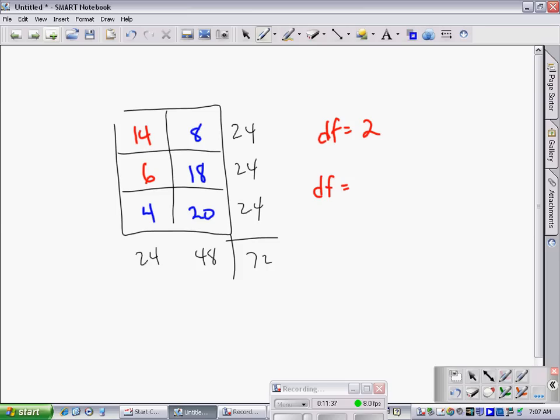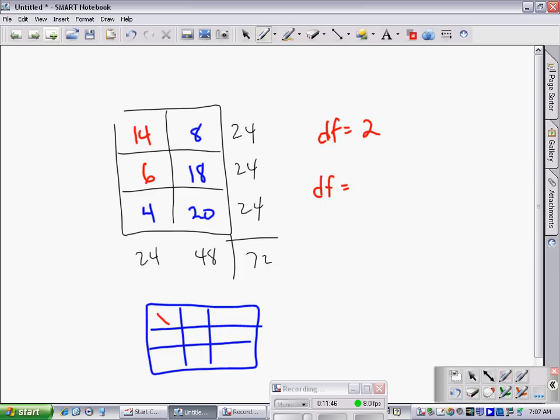The formula, maybe we can discover the formula. If I had one like this, if I told you this one, wouldn't get you anywhere. If I added this one, you could then figure out this. Because again, remember, you were given these totals over here. We know what they add up to.